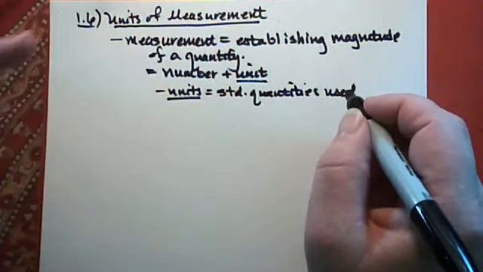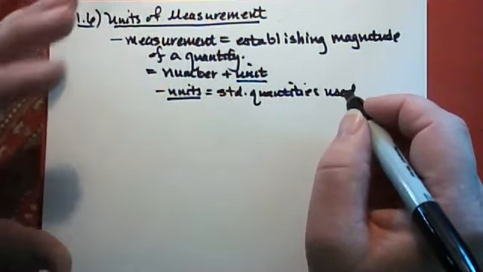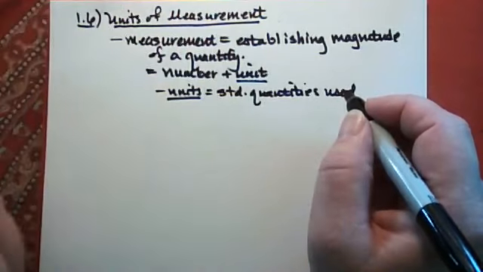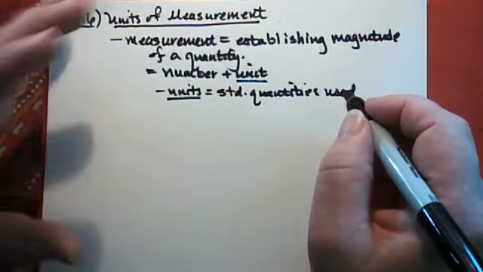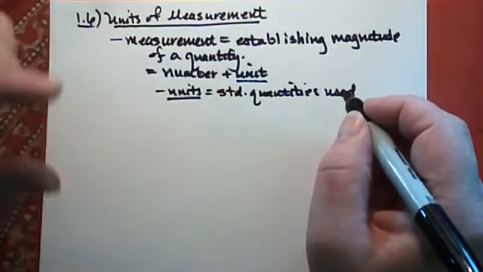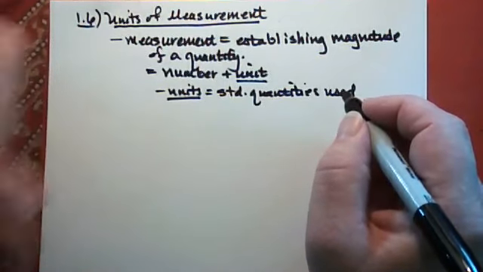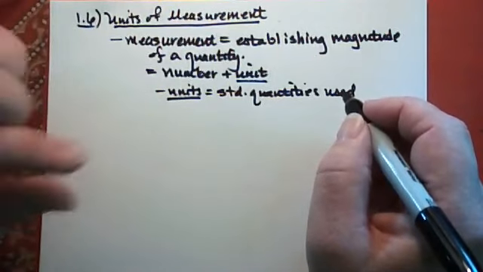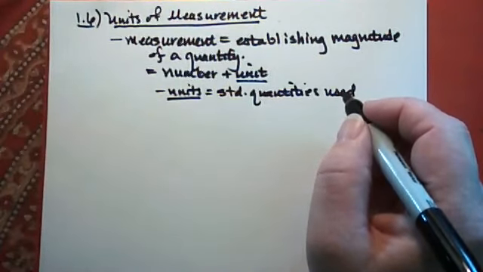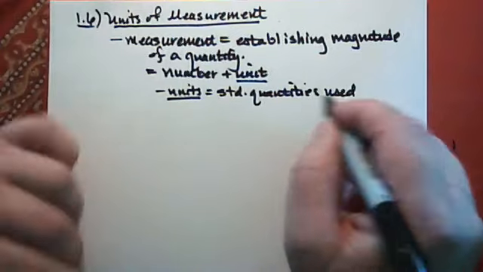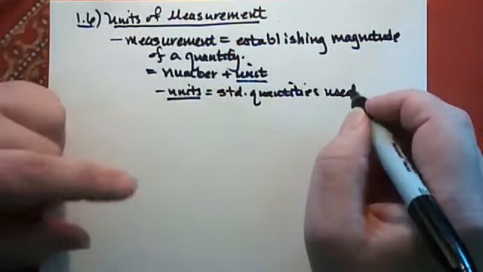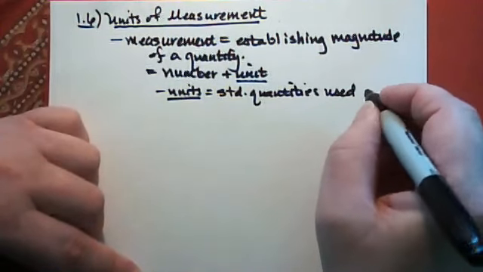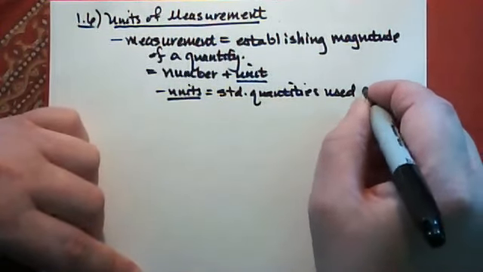So when you measure the length of a piece of paper in inches and you find out that a standard piece of paper is 11 inches long, what you're doing is you're comparing the length of the paper to that standard agreed upon unit known as the inch. And you're saying that 11 of these standard agreed upon units are equivalent to the length of the paper. And so that's basically what a unit is. So in more formal terms, they're standard quantities used to convey the relative magnitude and type of measurement.